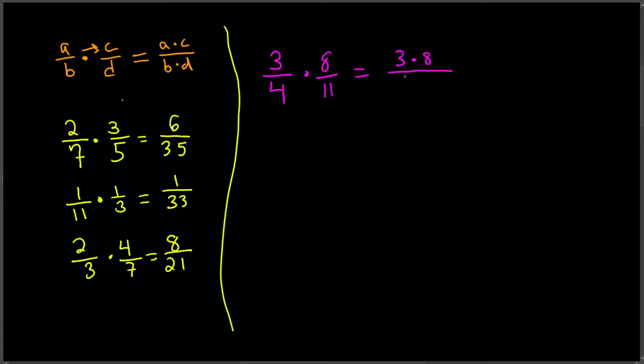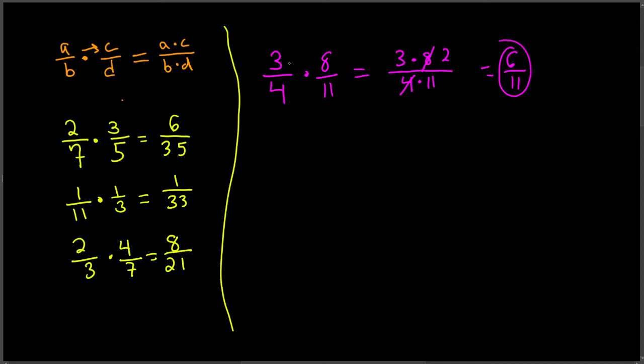I get 3 times 8 over 4 times 11. Now notice these have shared factors. So before I even do the multiplication, I can realize that 4 goes into 8 twice, and I get 6/11. And this is going to come out in simplified form.